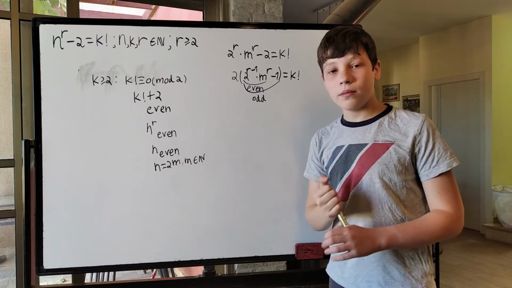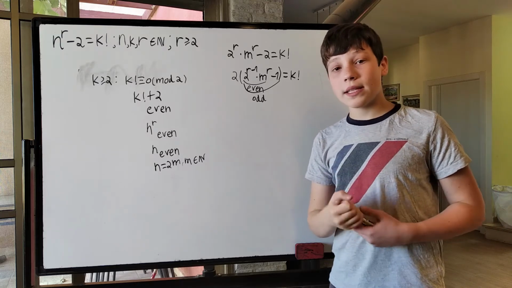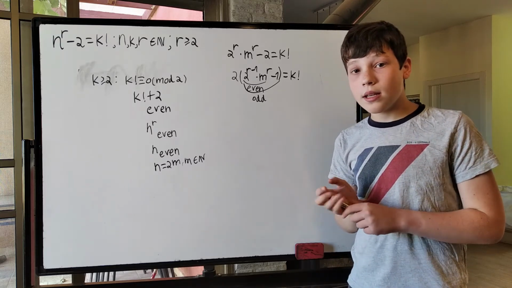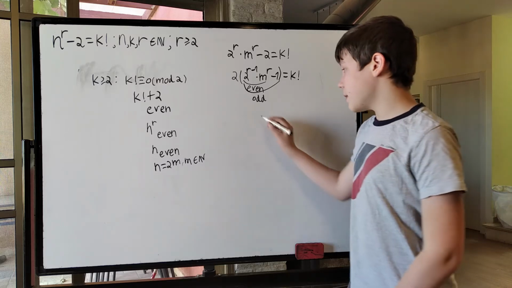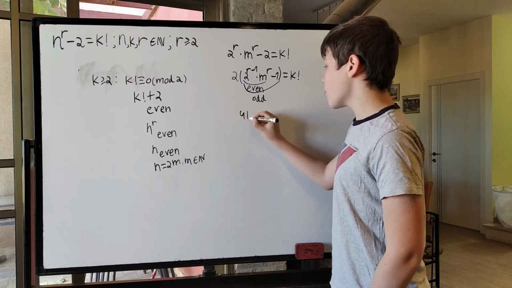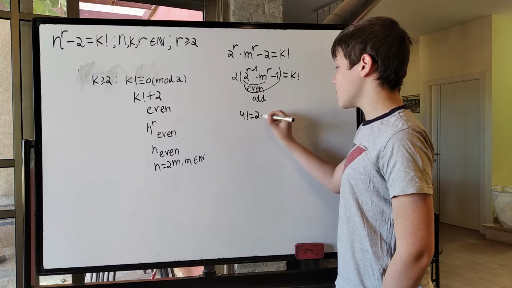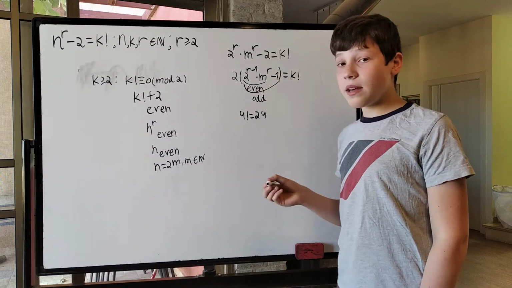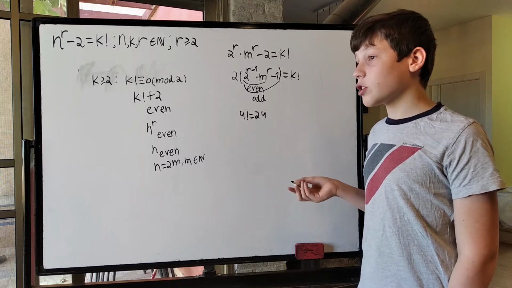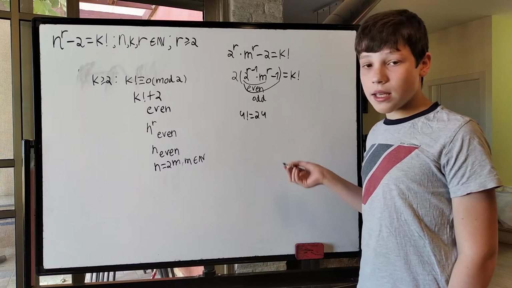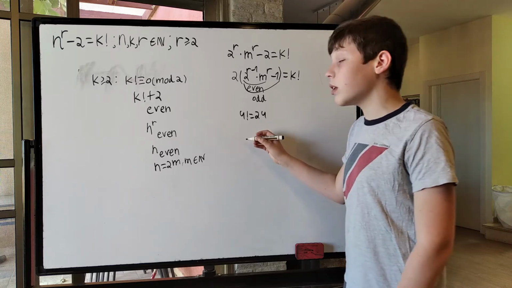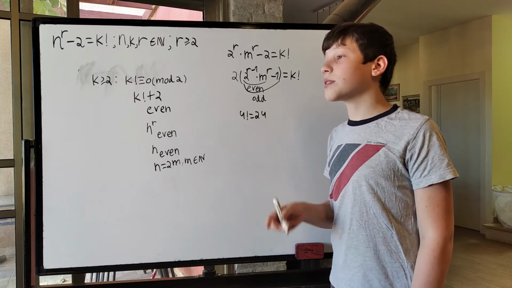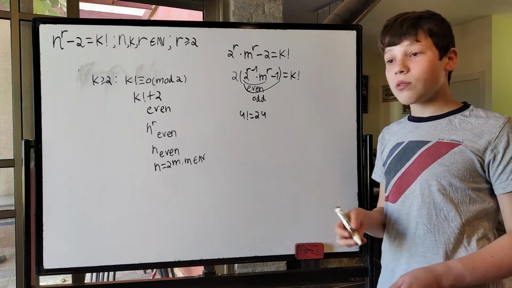Now, from the point k is equal to 4 and onwards, k factorial starts to be divisible by 4, because 4 factorial is equal to 24, and then every other factorial is just natural numbers times this. 5 factorial is 5 times 4 factorial, 6 factorial is 30 times 4 factorial, and so on.